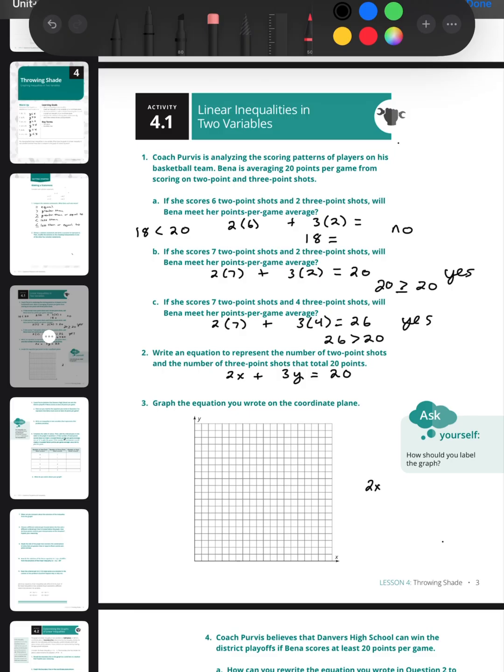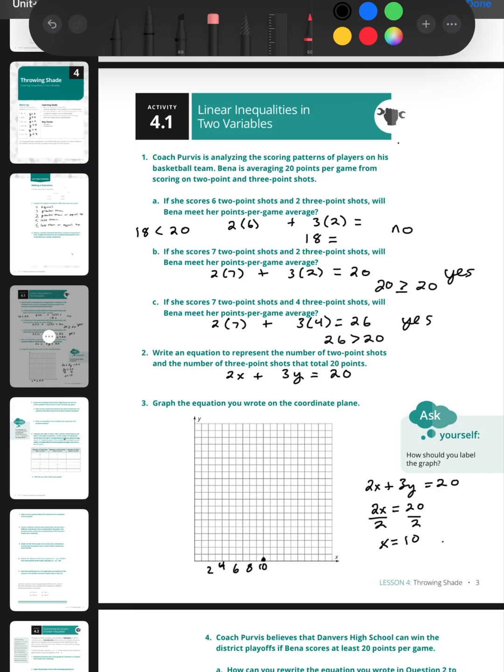So if we have 2x plus 3y equals 20, if I want the x-intercept, the y becomes 0, and I'm left with 2x equals 20. Divide by 2, and I get x equals 10 for an x-intercept. So I'm going to skip a line, count by 2s: 4, 6, 8, 10.